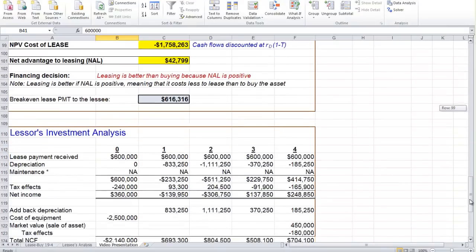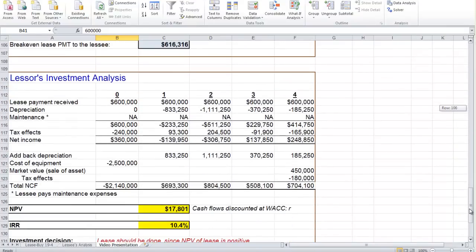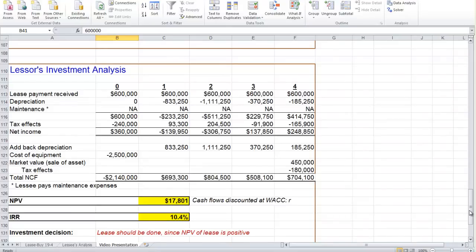Now, for good measure, we have included the lessor's investment decision analysis, whereby the lessor receives $600,000 beginning now and then each year for the next 4 years. Also, the lessor owning the equipment would have to depreciate this equipment, and these are the depreciation expenses.